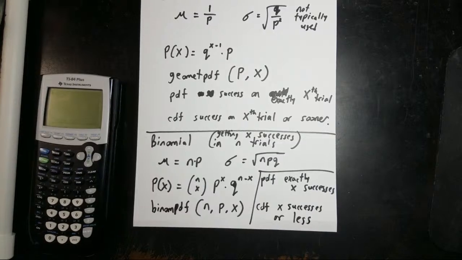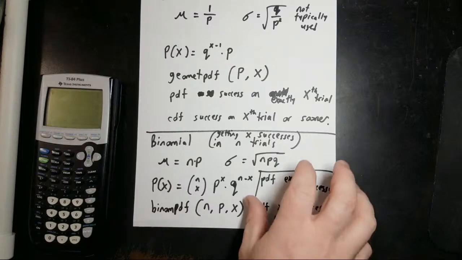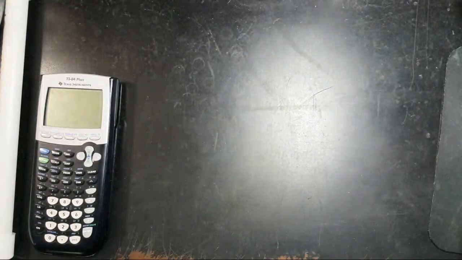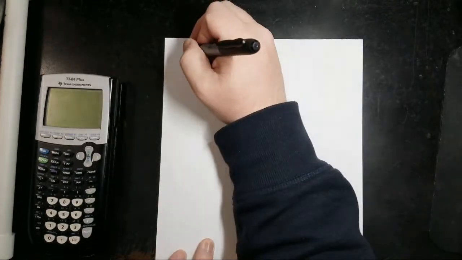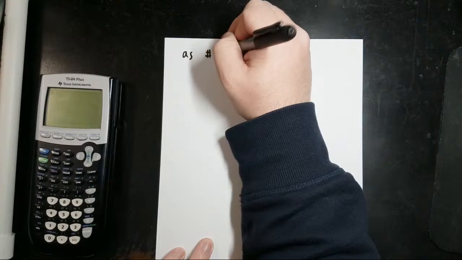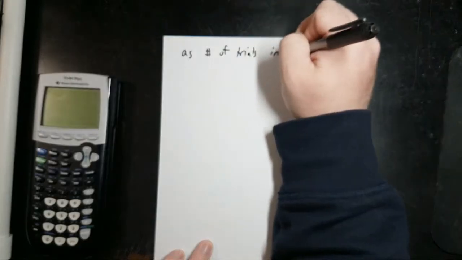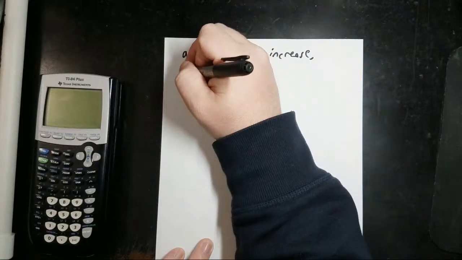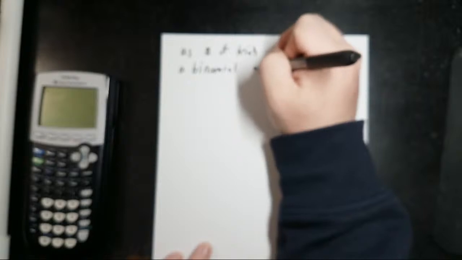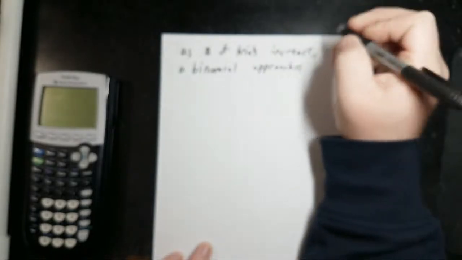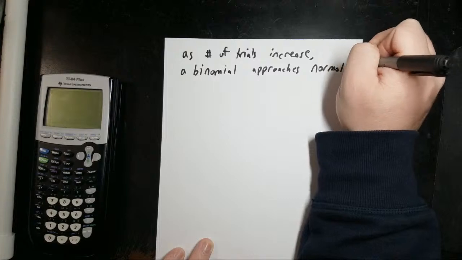Now, I need paper. What does this eventually turn into? There is a property which indicates that as the number of trials increases, a binomial, and I'll show you an example of this, approaches normality.